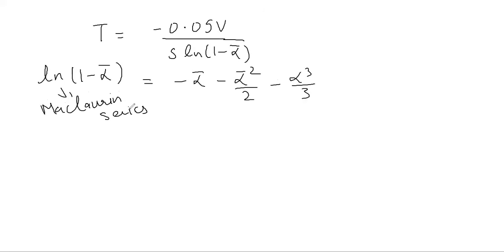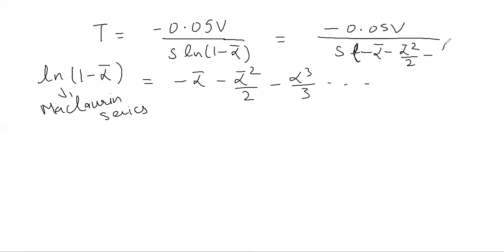If your alpha bar is small, if your absorption coefficient is small, in that case, let's first plug in the value here. You'll have minus 0.05 V as ln of 1 minus alpha bar, which expands to minus alpha bar square over 2 minus alpha bar cube over 3 and so on.